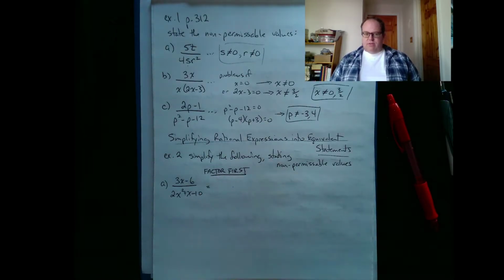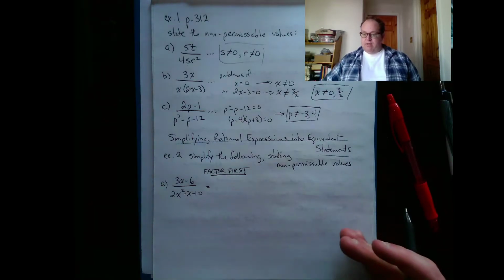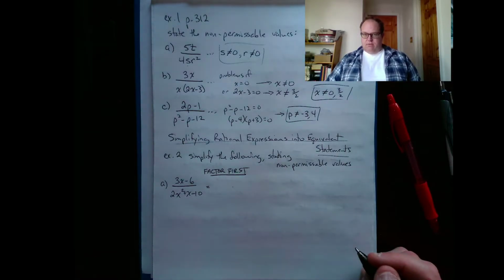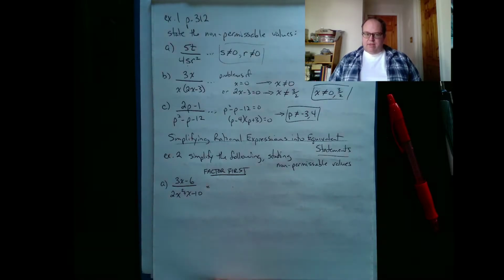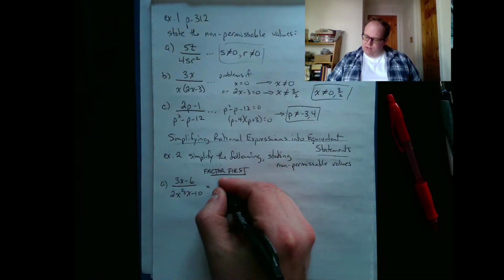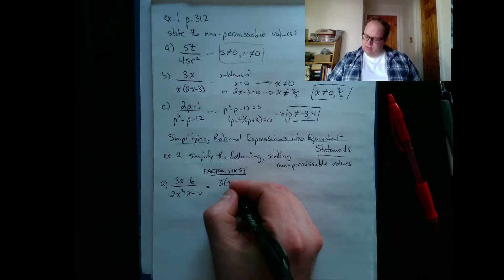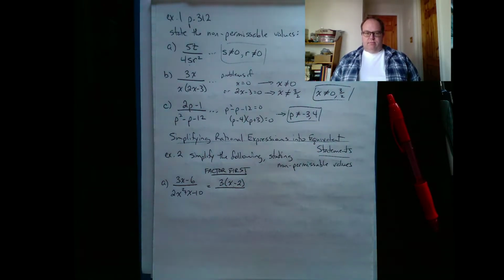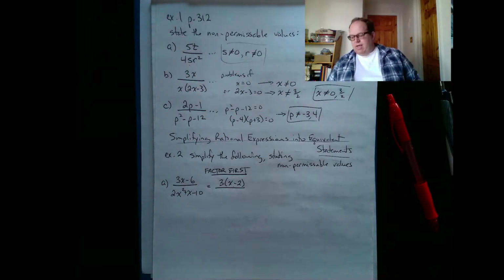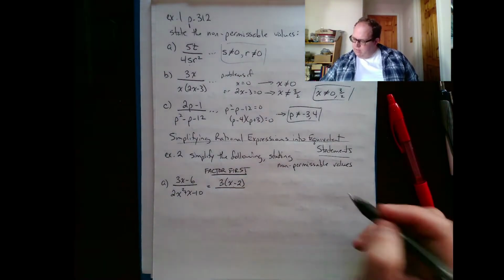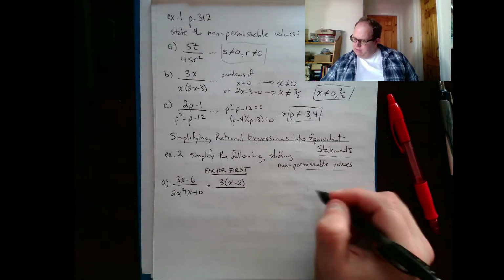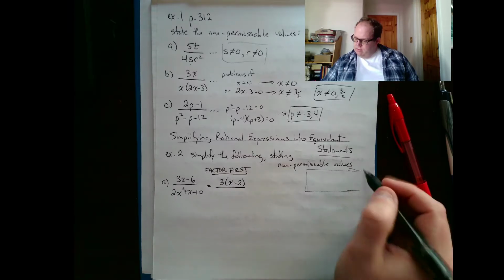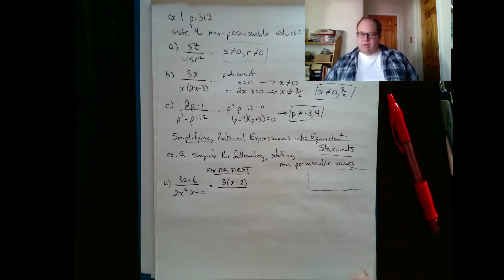I'm using my equal sign here to denote that what I'm about to write is equivalent to what I've started with. The 3x minus 6, I can factor 3 out of the two terms on the top and write it as 3 times x minus 2. The quadratic in the denominator, 2x squared plus x minus 10. I don't want to spend a whole lot of time showing this, because we have factored things to death at this point.